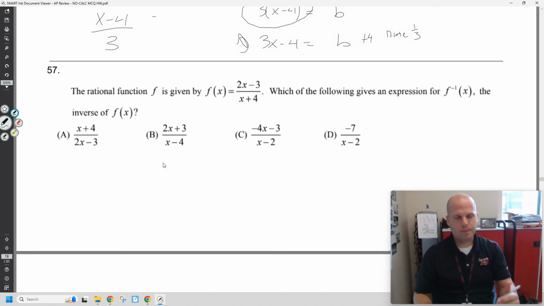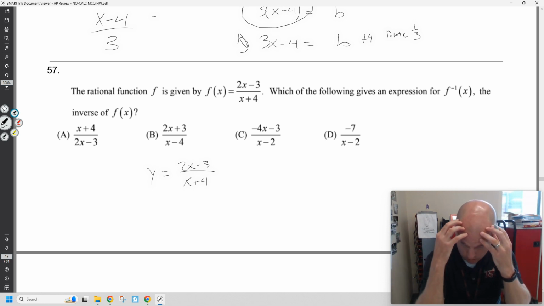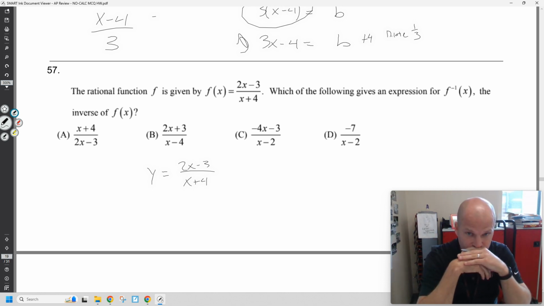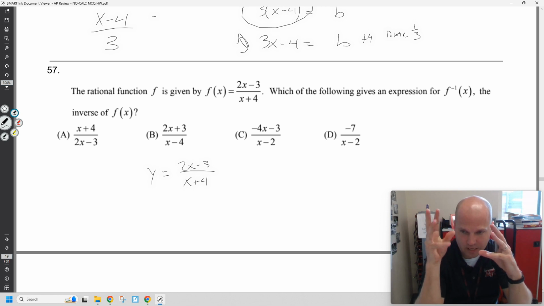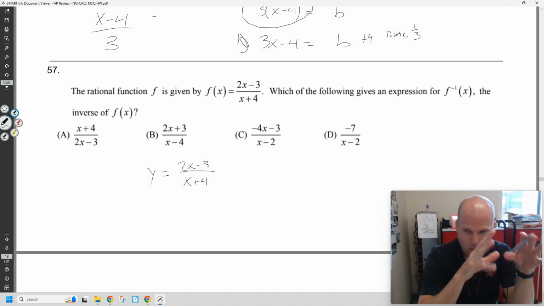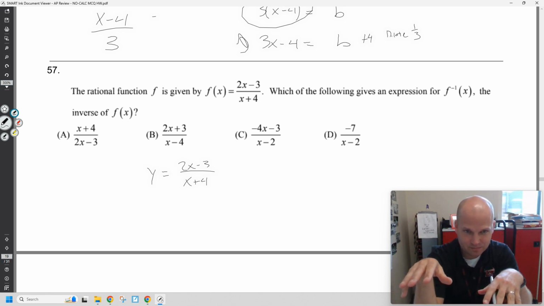Inverse is undo. If we have an equation, what's the inverse? Well, I want to take my x's that map to y. I want to take my y's and map them back to x.